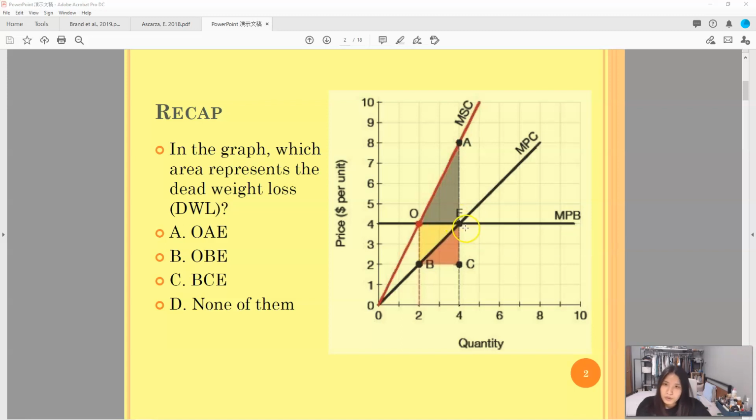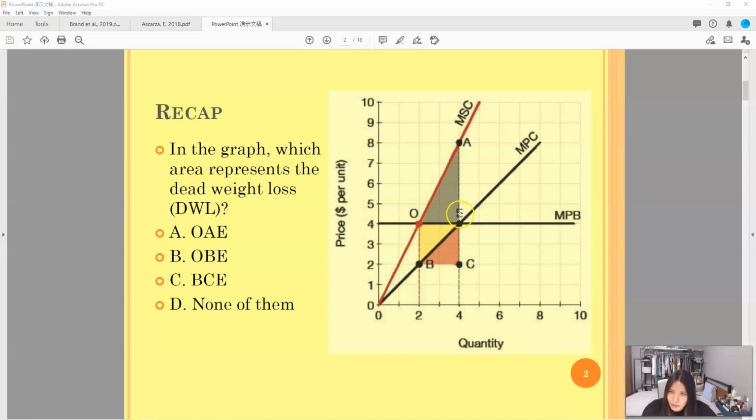First, we need to find the market optimal level, which is the intersection of marginal private costs and the marginal private benefits.